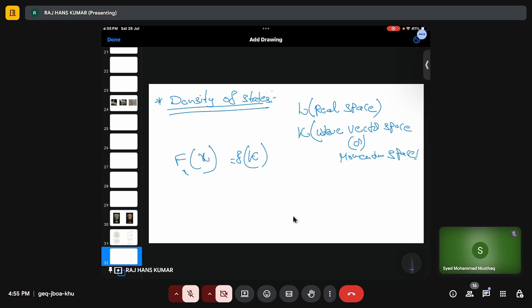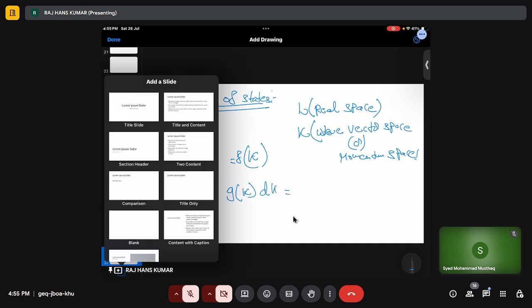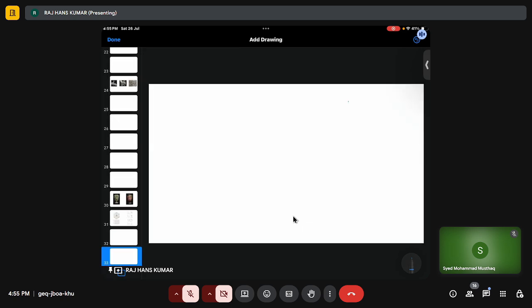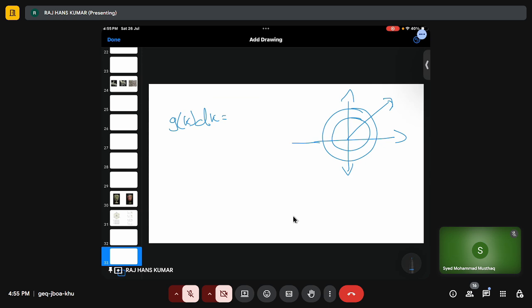When coming to vector space or momentum space, the density of states is represented in momentum space. So it is g of k dk. If I am talking about three-dimensional, my momentum space can be represented with a sphere. Then g(k) dk will be equal to, it's more like an integration, right?